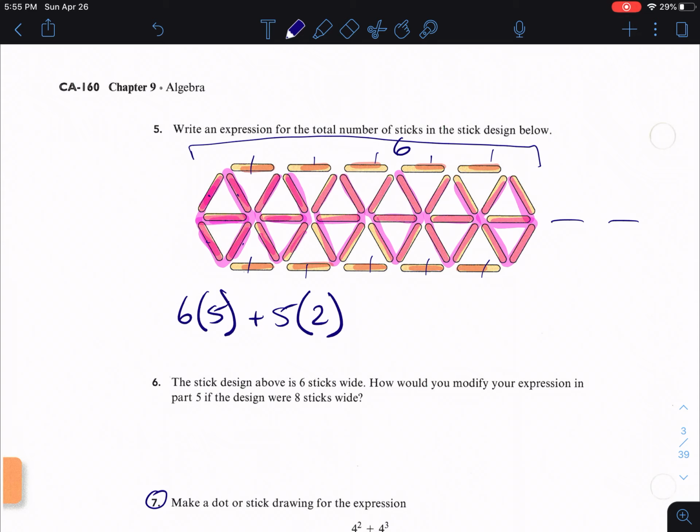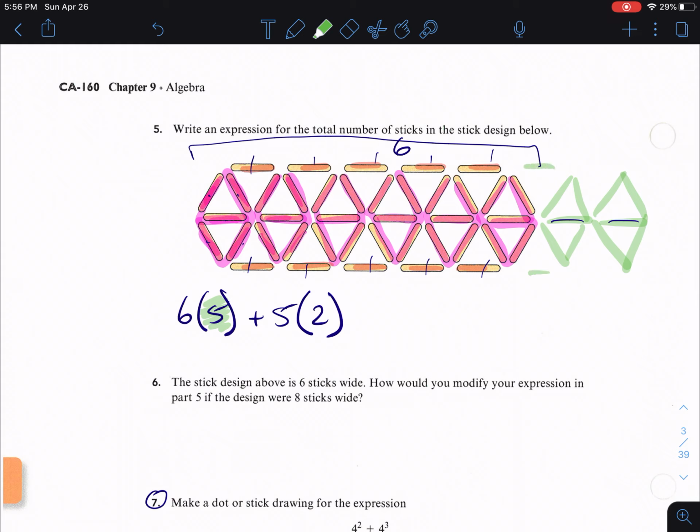What were the parameters here and what were the variables? As I add more and more, I'm going to be adding more 5s, right? So that is actually going to be constant in our situation. Those 5 sticks are going to be added every step.